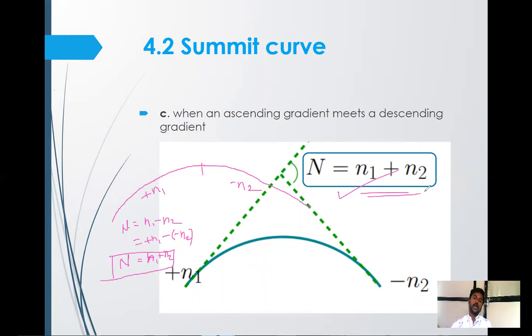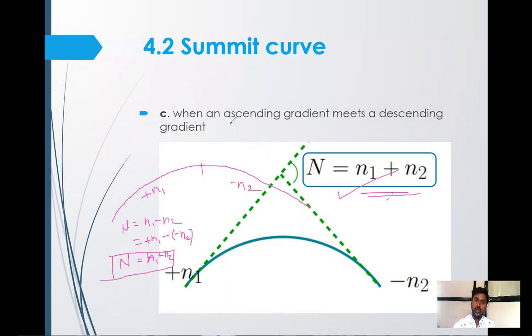It might be asked, what condition will give the maximum deviation angle? Which is the condition which gives the maximum deviation angle? In this case, the maximum deviation angle will be given.